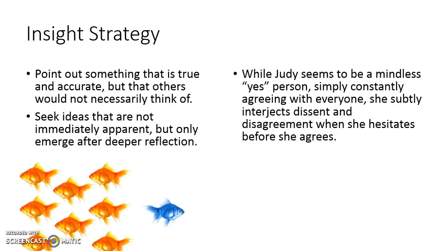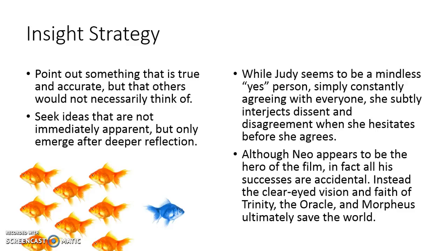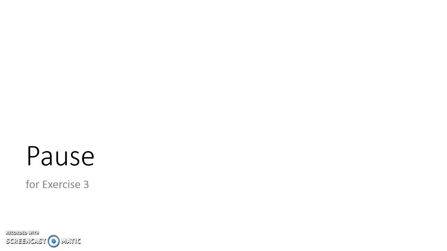So all insight is basically pointing out something that other people don't notice, or something that's not on the surface but is the product of deeper thought. If you want, you can pause the video and read the examples on the right-hand side. You also might want to pause just to look back and take some notes and write down answers to exercise 3.